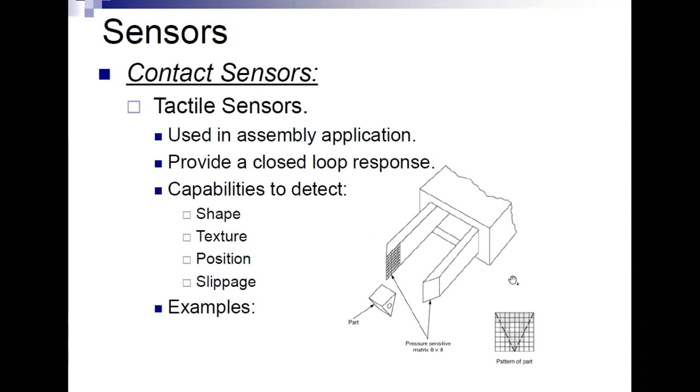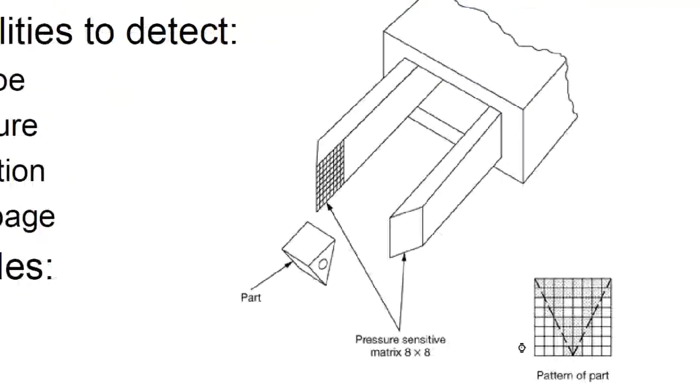All right, so another type of contact type sensor is called a tactile sensor. This type of sensor is actually a whole bunch of them connected together. Instead of just having one sensor there, you've got a whole array of these sensors in here.